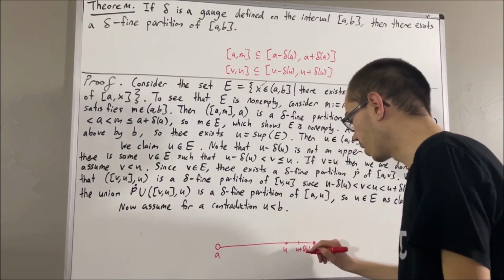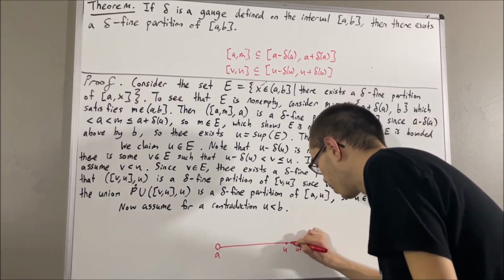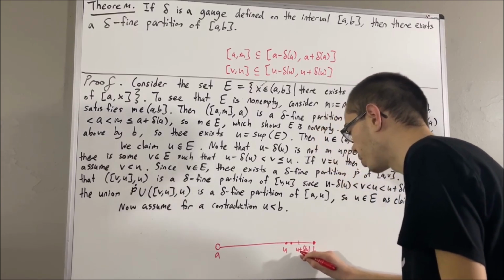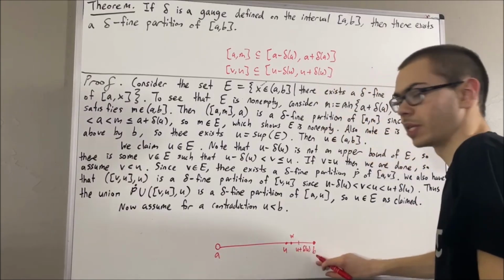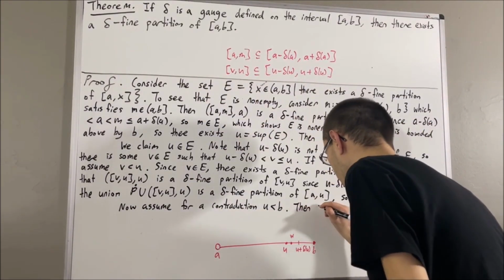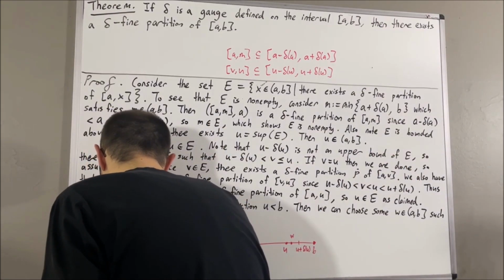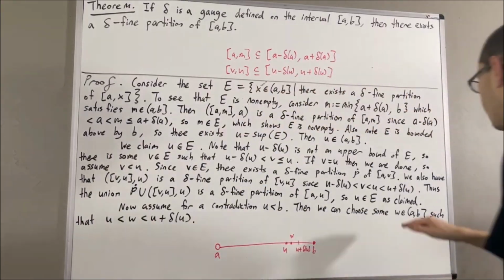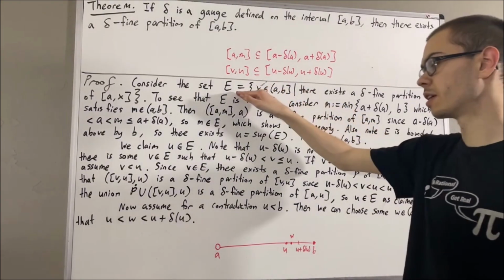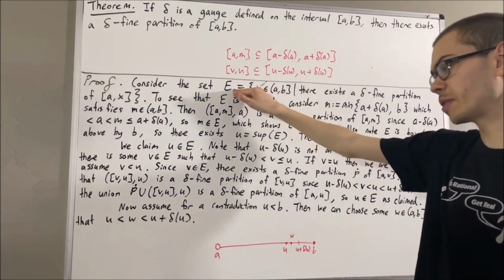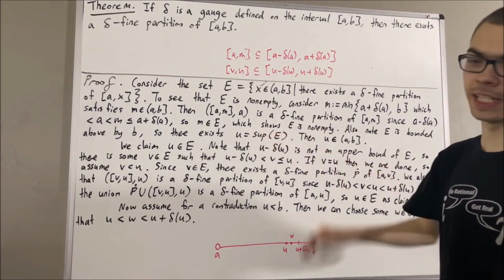But certainly, no matter how big or small u + δ(u) is, we can always find an element between u and u + δ(u), we'll call it w, and w also lies between a and b. And the claim is that this element w will belong to E. If we can show w is an element of E, that means we have an element of E that is bigger than u. But that contradicts the fact that u is an upper bound of E.